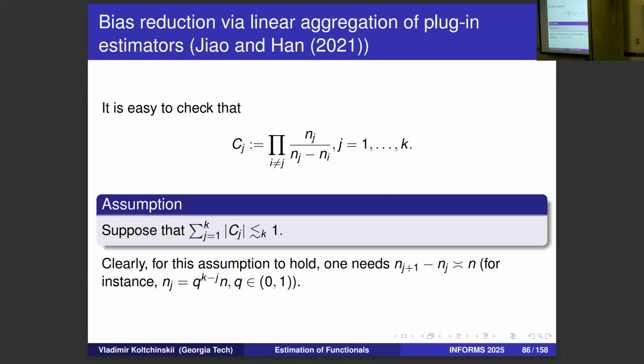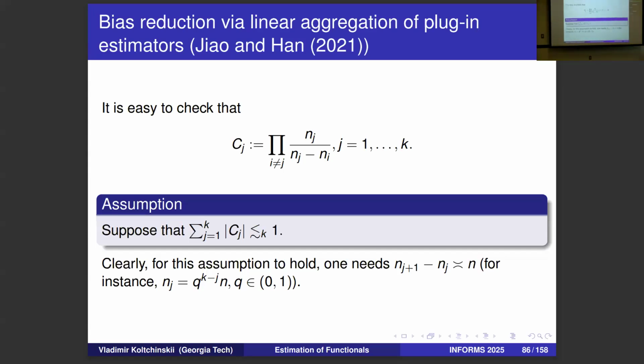The sample sizes are all different, and moreover, we want to choose the sample sizes in such a way that the difference between two consecutive sample sizes will be more or less of the same order as n. And all sample sizes are comparable with n up to some constant that depends only on the number k, okay? And if we do this, then we will have this condition at the end, because the coefficients themselves will be bounded by a constant in this case, okay?